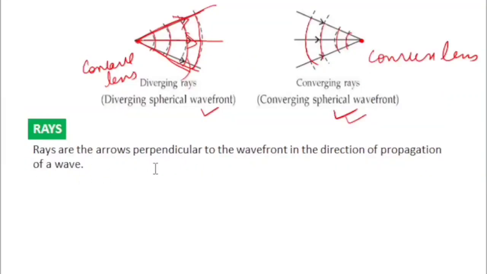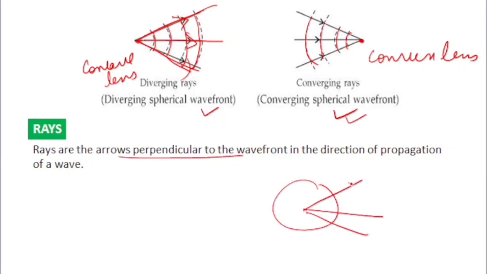Rays are always arrows perpendicular to the wavefront in the direction of propagation of wave. Wave travels from one wavefront to another wavefront. So these rays are always perpendicular to the wavefront. If it is a spherical wavefront, from the center, these are rays. These arrows show rays which are perpendicular to the wavefront, and these rays show direction of propagation of wave. Hope it's clear to all of you.